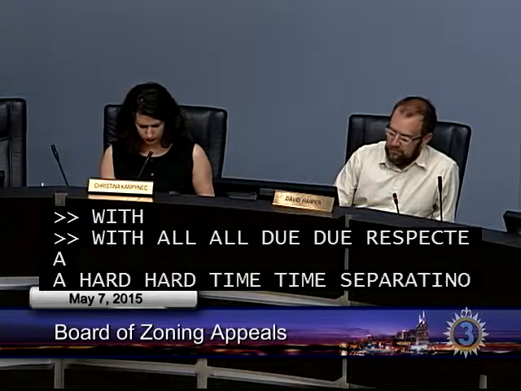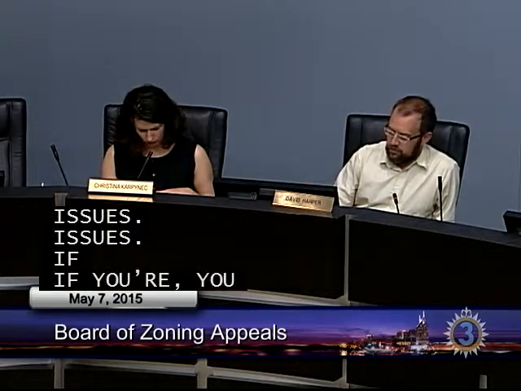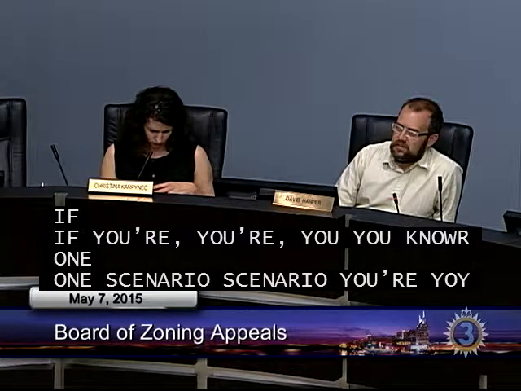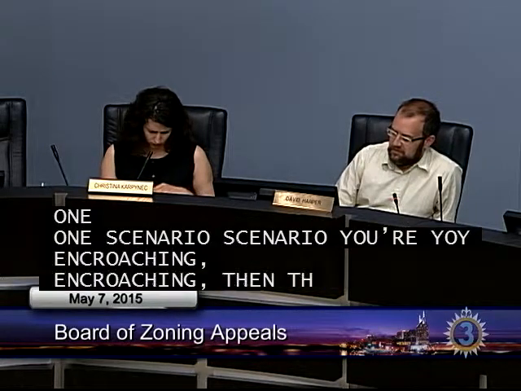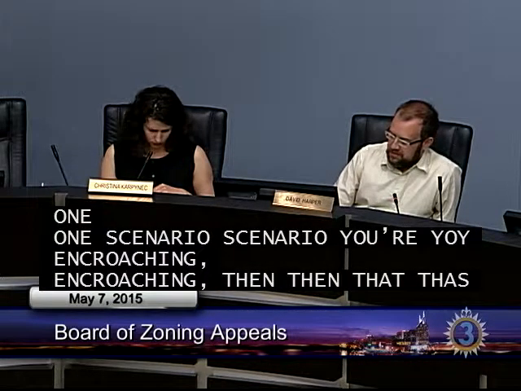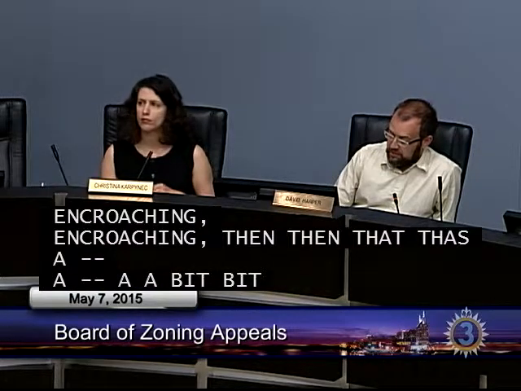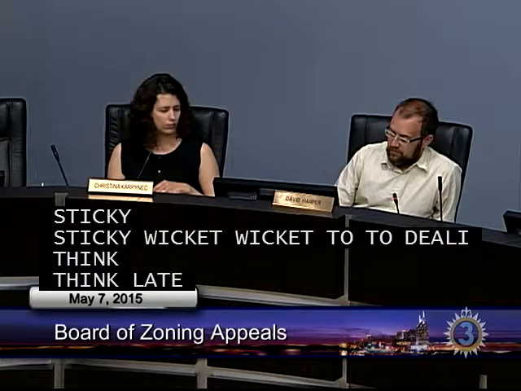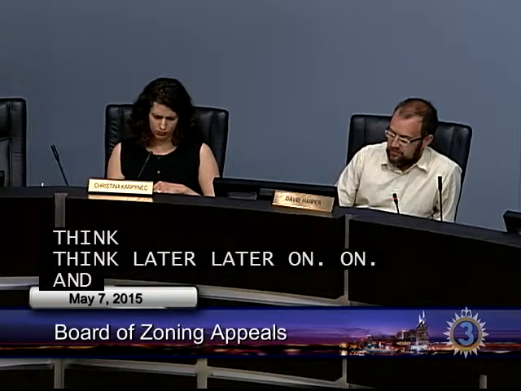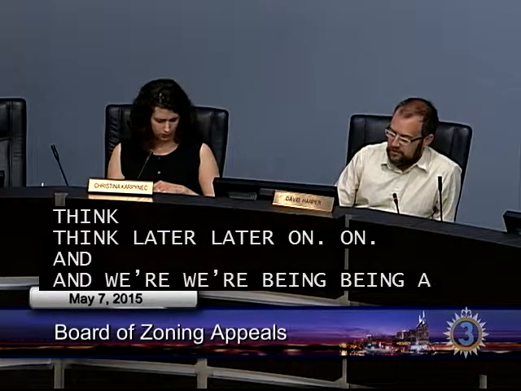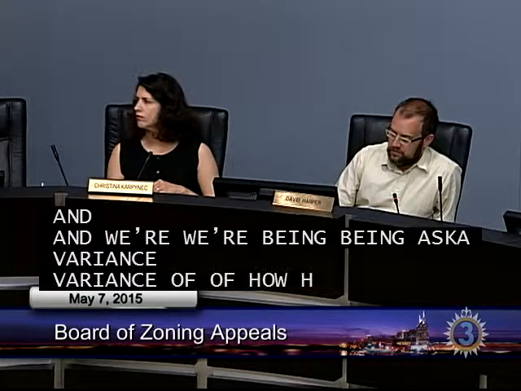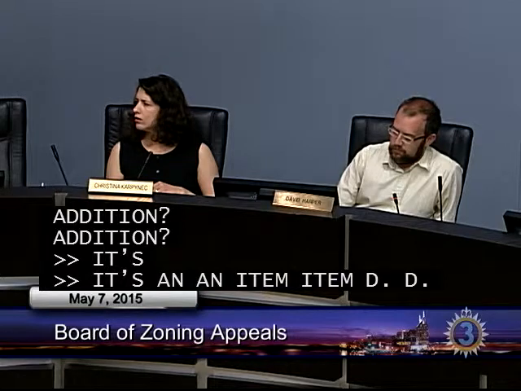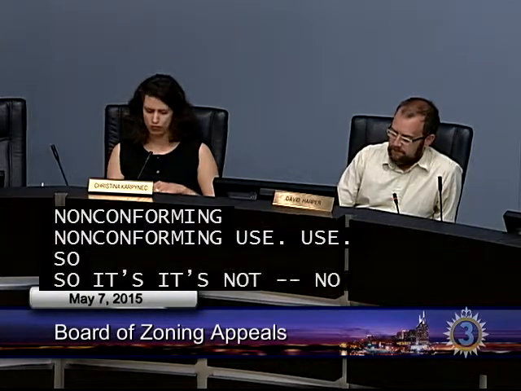If under one scenario you're already encroaching, then that leaves a bit of a sticky wicket to deal with, I think, later on. And we're being asked to give a variance of how much on the new addition? It's an item D. It's a non-conforming use. Non-conforming to non-conforming, so there's no variance at all. Right, okay.